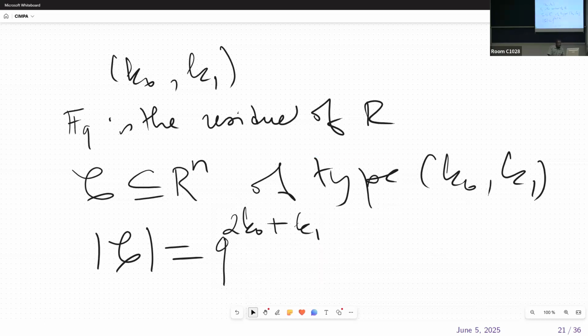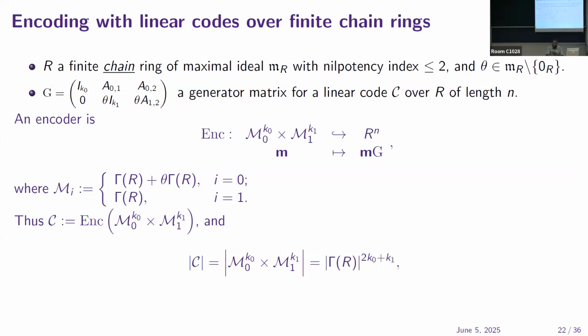Okay, it continues. Encoder function for the non-free linear code. The set of messages is this product.